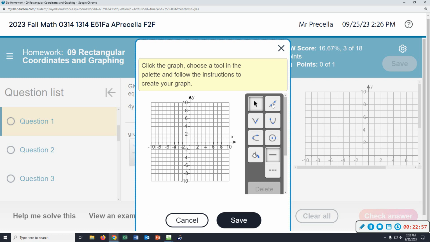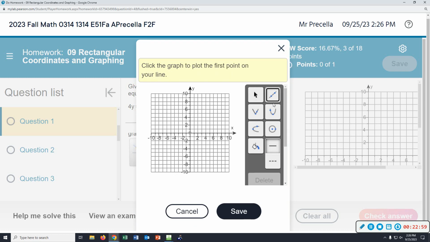So you click the line tool. Now they want you to click the first point. It doesn't matter which point we plot first, 0, -3, or 4, 0. I think I'll plot the one that we found first, 0, -3. And notice how tight these spots are. It's sometimes hard to count.